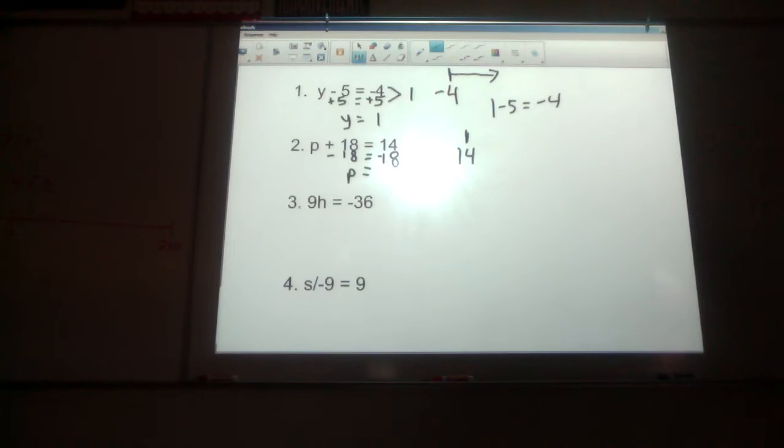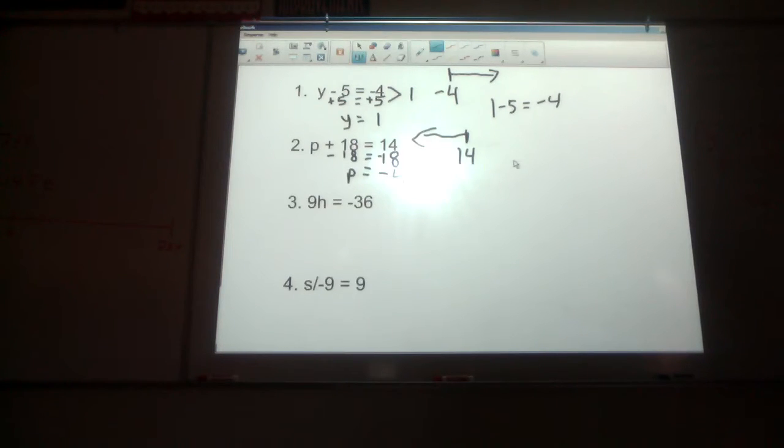I'm subtracting 18. I know automatically I'm moving to the left. And I'm going to move 18 units to the left. I'm going to start at 14, move 18 units this way. So what that brings me to is, I go all the way, I go 14 digits to get back to 0, and then 4 more to get to 18, so that gives me -4.